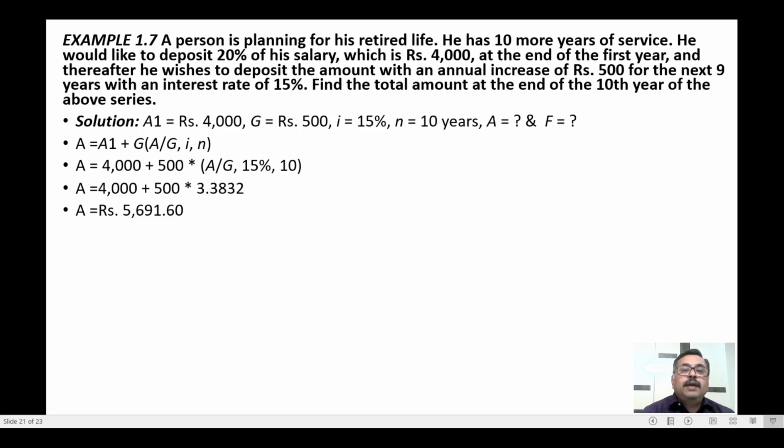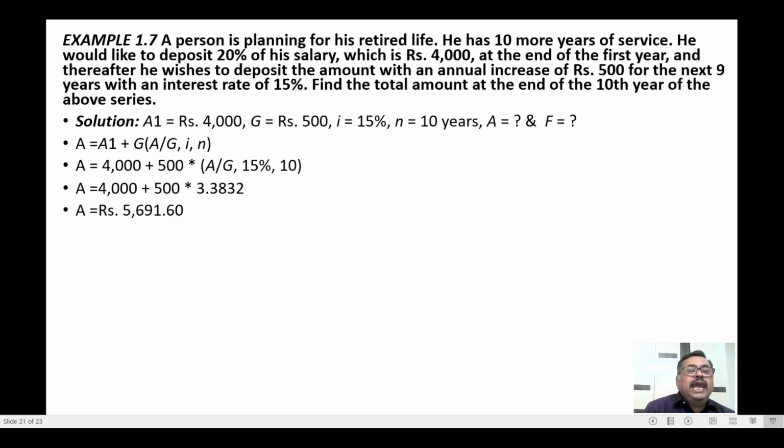If you go to the table of 15% and 10 years for A by G, the value is 3.3832. You multiply this with 500, and that is added to the initial amount. So instead of 4,000 rupees, he is paying 5,691 rupees 60 paisa every year for his retirement life.